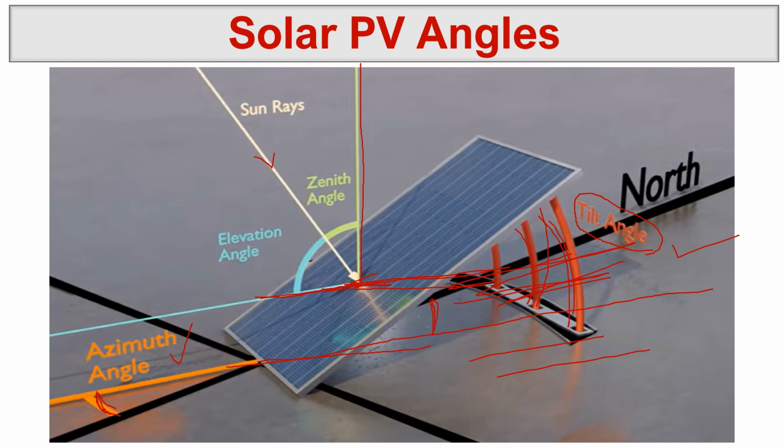If you know the surface, we can find the horizontal line. From the horizontal line, how much the solar ray is rising is the elevation angle, or we can also call it the inclination angle. The rest of this angle is the zenith angle. These are all terms we are using. We will look at them one by one so that you can understand more clearly.